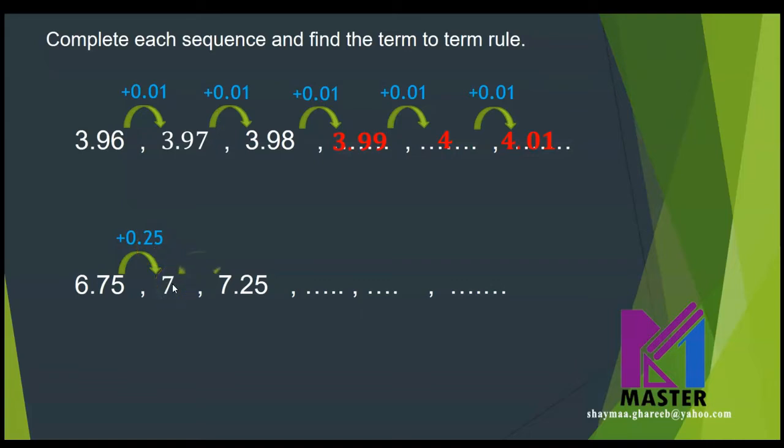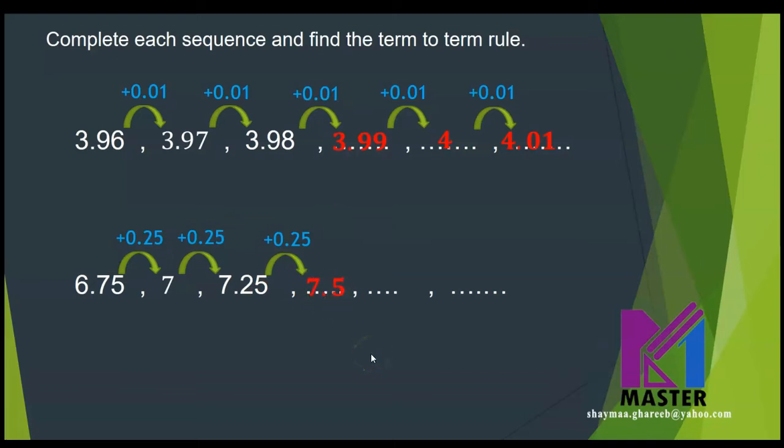So when I add 25 hundredths, it will be 7.25. So when I add one more 25 hundredths, I will get 7 and 50 hundredths, or 7.5 as we said before. They are the same. So I can write it as 7.50 or 7.5.